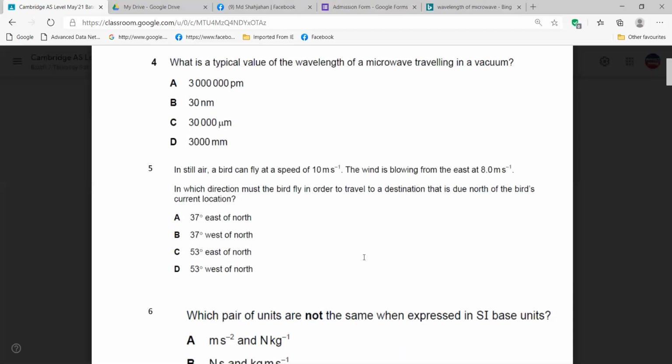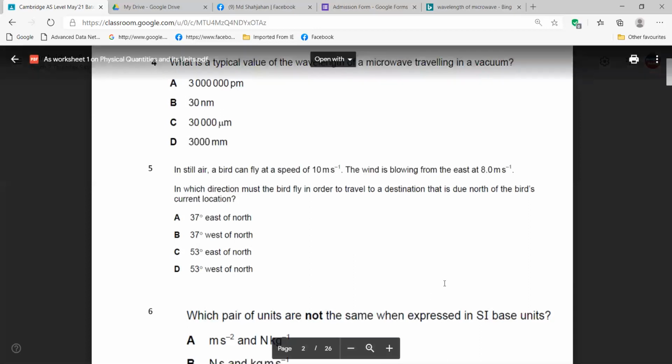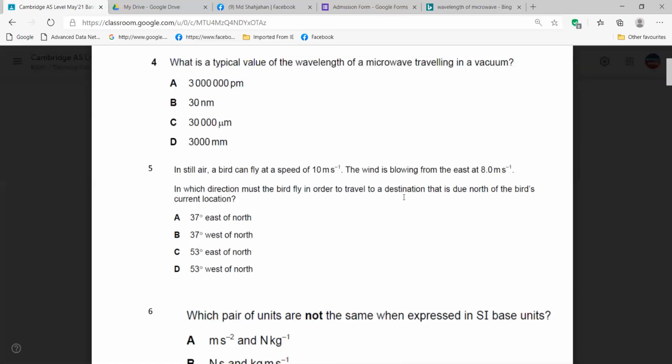Yes, sir. Direction of east. And north is right side, south is left side. This way we are doing. And destination, that is due north, so our north is right side. Is it clear? Yes, sir. This way we have to get the diagram.